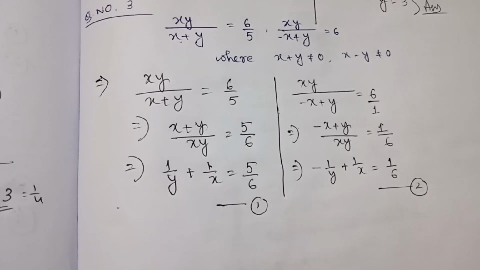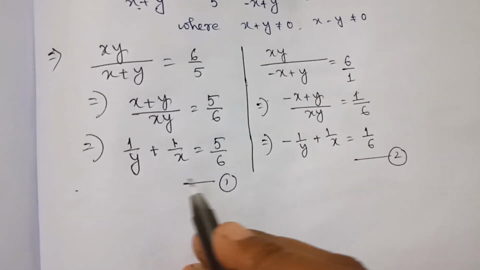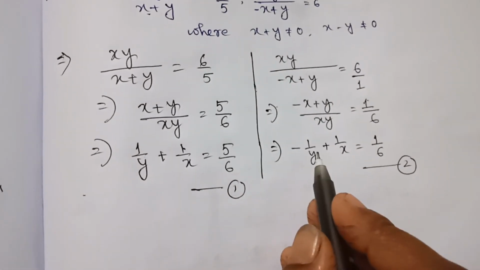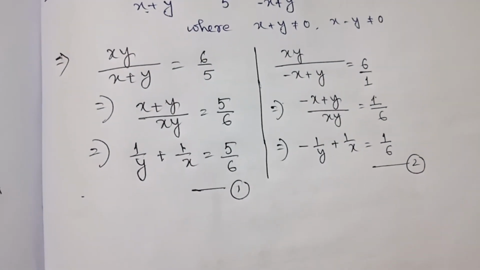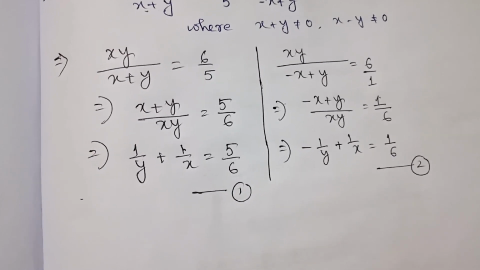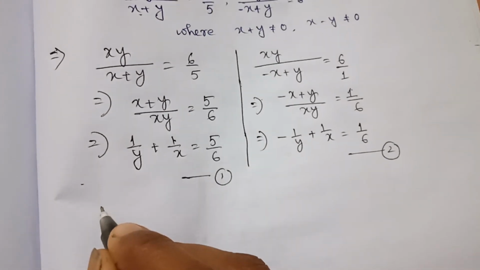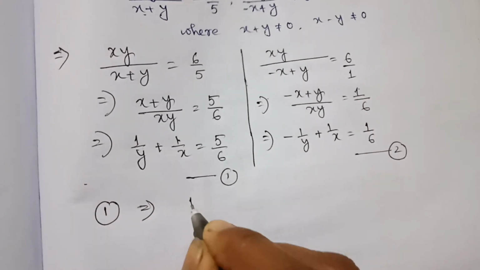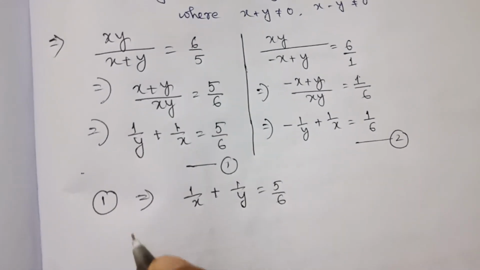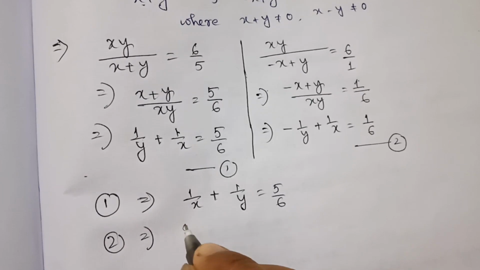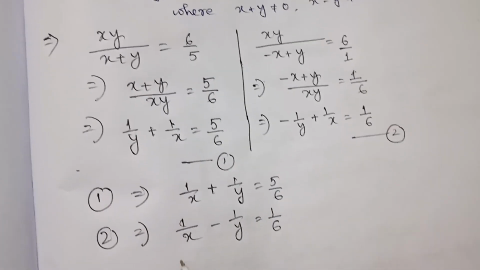So I'm going to show you a different type. I'm not taking u and v; rather I'm keeping 1 by x as it is, but in my mind I'll take it as one variable. So I'm writing equation number 1: 1 by x plus 1 by y equals 5 by 6, and number 2: 1 by x minus 1 by y equals 1 by 6.